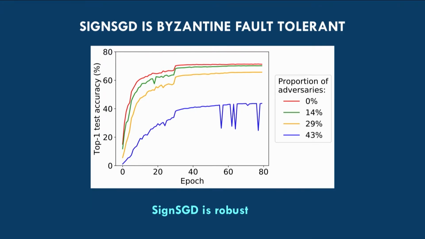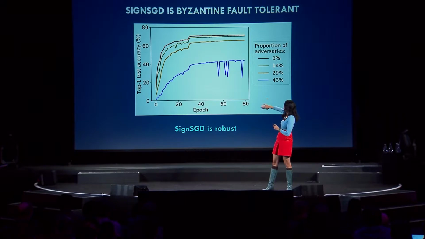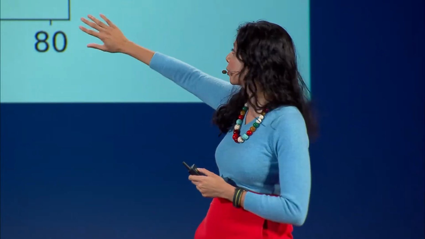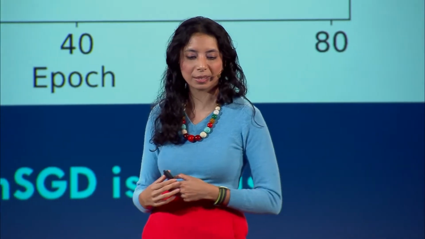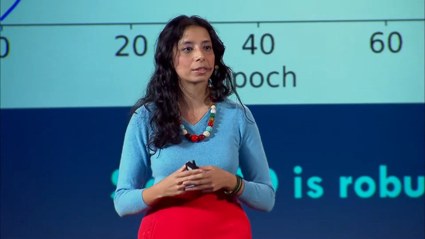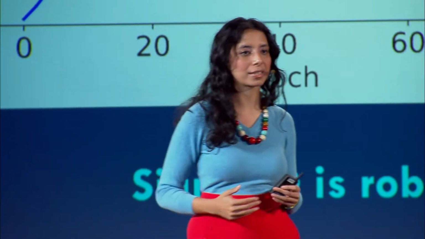In experiments as well, we find that even with the proportion of adversaries changing, you're going to lose some accuracy, but you're still able to tolerate them. And we have results in the paper showing it's much better than what stochastic gradient descent is able to do.